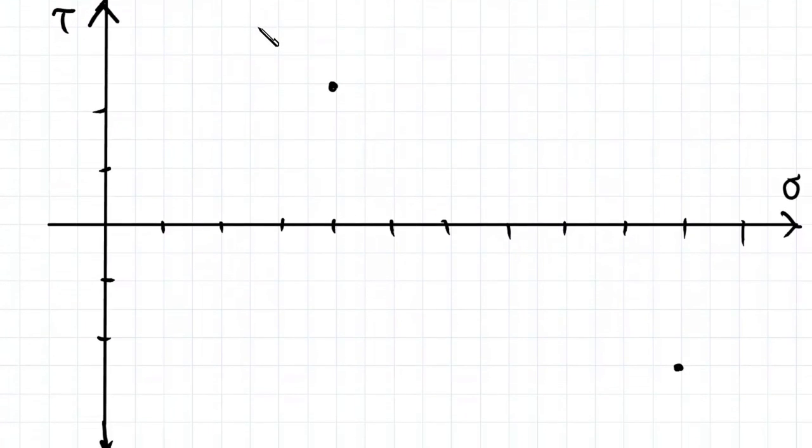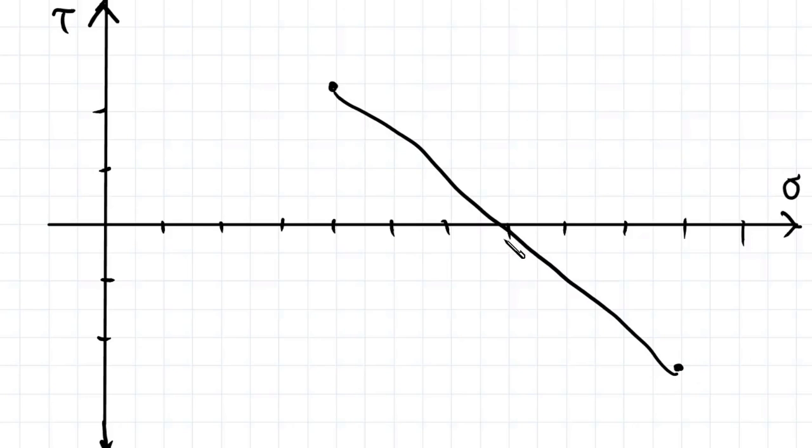So knowing this, we can then connect these 2 points with a straight line. And this here is our center of the circle, which is 70 and 0. And using a compass, you can then measure the radius and draw the Mohr circle.